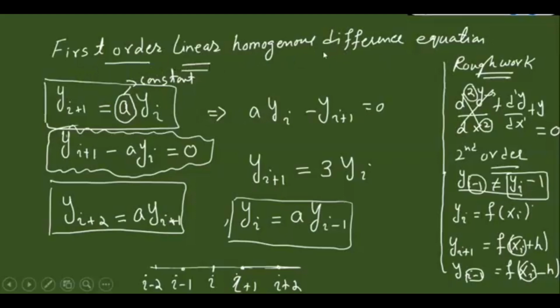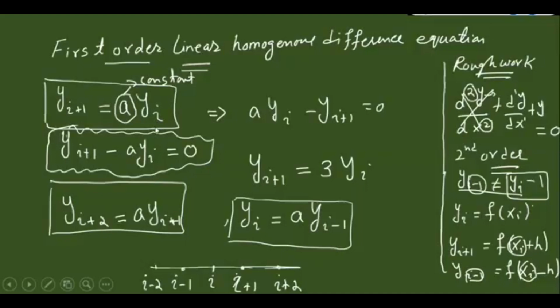Let me summarize again. If an unknown variable which is discrete in nature is involved, we call it a difference equation. And the difference equation has only two states, that is the value you want to compute and the previous value. यानी difference equation के अंदर सिर्फ दो states होनी चाहिए.